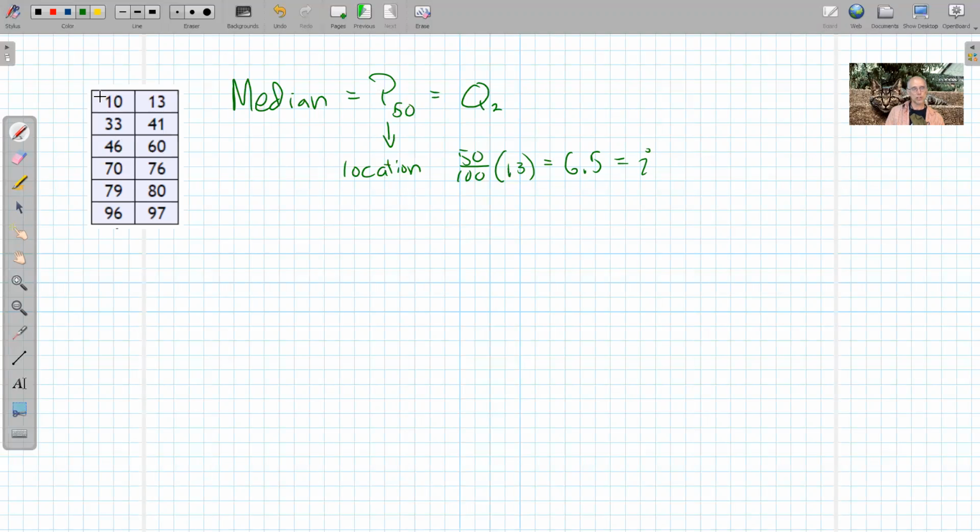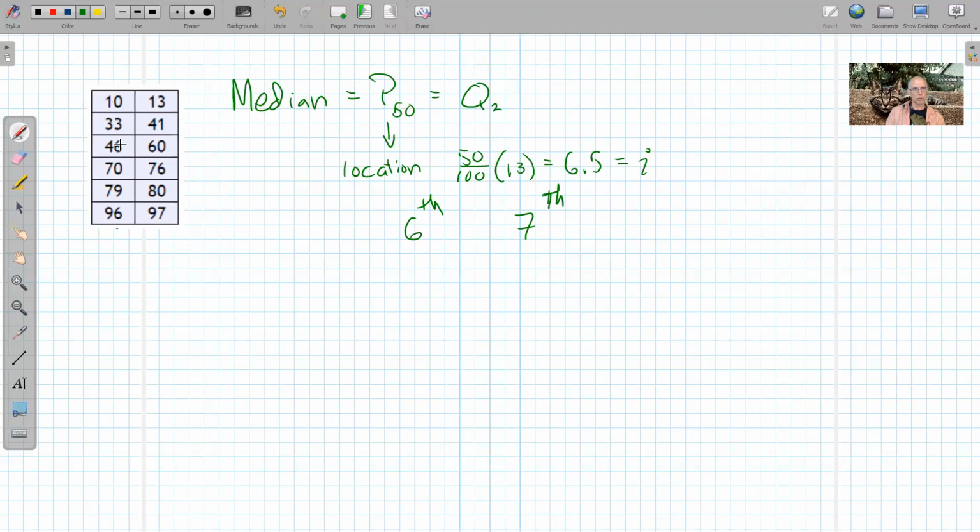So here's the first number. They're in order, 1, 2, 3, 4, 5, 6, and so on. So I want the number in the 6.5 position. Now, I can't have a 6.5 position. I can have a 6th position, and I can have a 7th position. And so whenever the list is even, there is no middle number, is what this is telling me here. So I'm going to find the 6th number and the 7th number and average them.